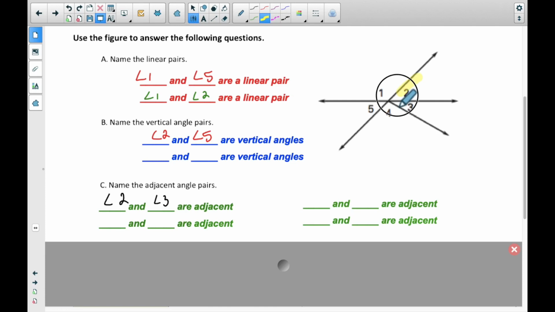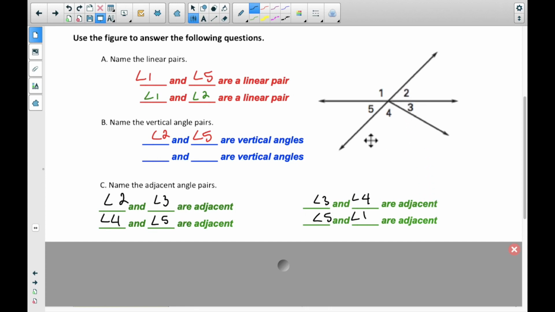Do you see how angle 2 and angle 3 are back to back and they share a vertex? Okay, what's another pair that's back to back and share a vertex? There's a bunch. I don't even think I have enough answer blanks here. 3 and 4. They are back to back and they share a vertex. 4 and 5. Back to back, share a vertex. 5 and 1. I think we've gotten all of them.